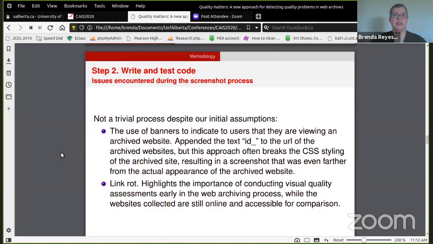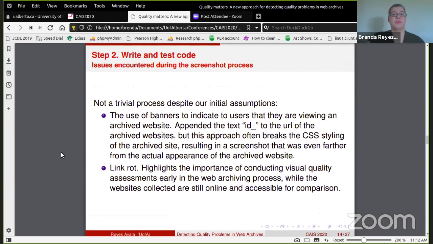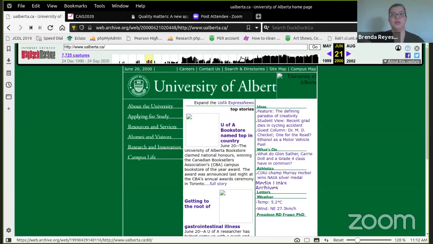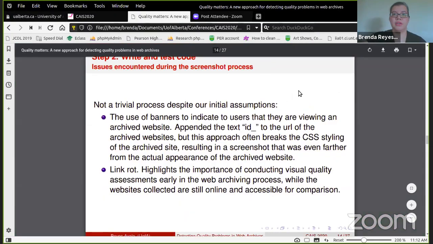So this was not a trivial process, actually. As you might have seen from here, archive websites have these little banners that tell you, oh, you're looking at an archive website from the year 2000. So that was actually relatively difficult to remove from an archive website.